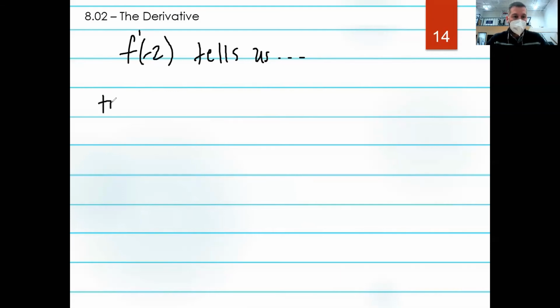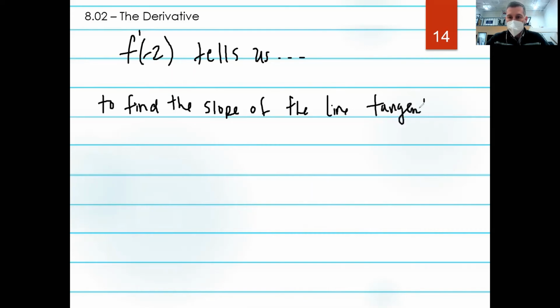It tells us to find the slope of the line tangent to f of x at x equals -2. That's one way to interpret this.